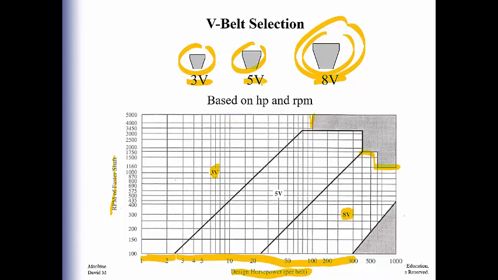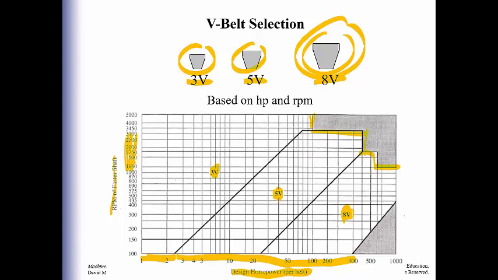So you can really think about what's going on there in terms of using horsepower and combining that with RPM. It doesn't go up to the larger values for the 3V. The 5V, as you can see, is kind of in the middle range in terms of going up to a higher horsepower, also utilizing certain values of RPM.